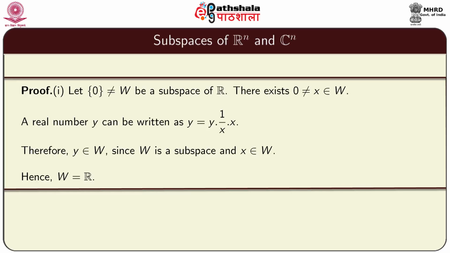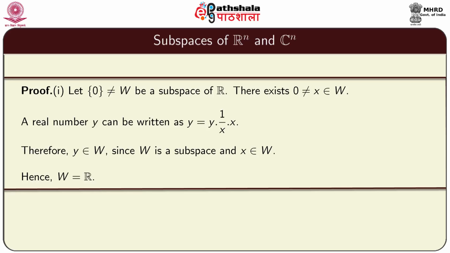Let us prove the first part of the statement, that is, every subspace of R is either the singleton {0} or R. So, suppose W is a subspace which is not the singleton {0}. That means there is at least one x in W such that x is not 0.